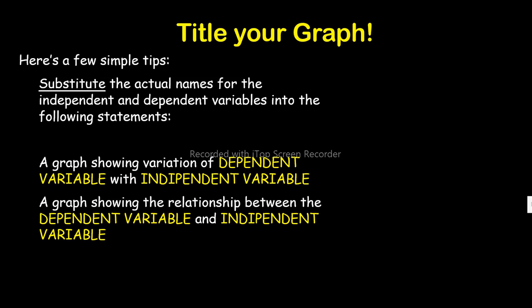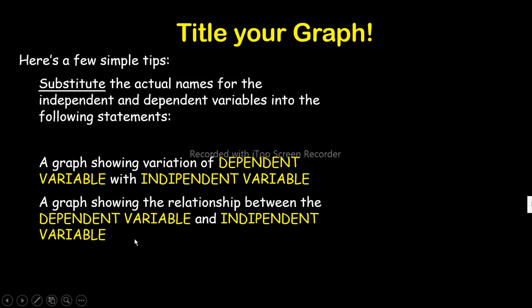Don't say relationship with. We don't have relationship with. Go and read your prepositions. I'm not an English teacher. It's the relationship between this and this. You don't vary and, you vary with. It's a variation of the dependent variable with the independent variable.